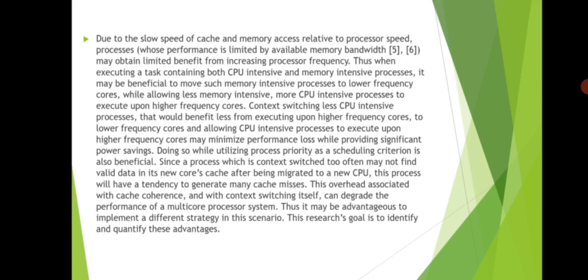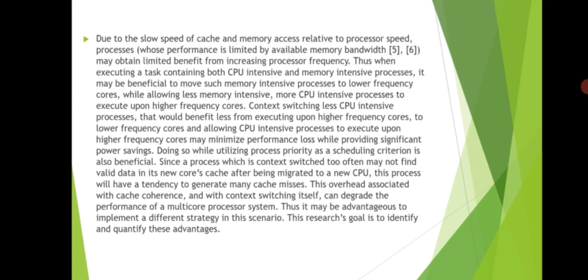Doing so while utilizing process priority in scheduling is also beneficial, since a process which is context switched too often may not find valid data in its new core's caches after being migrated to a new CPU.